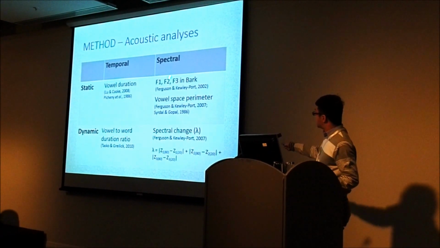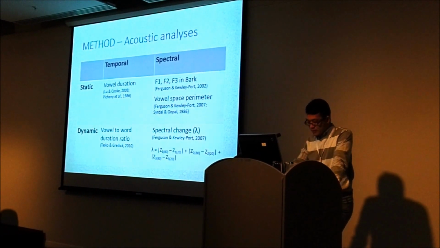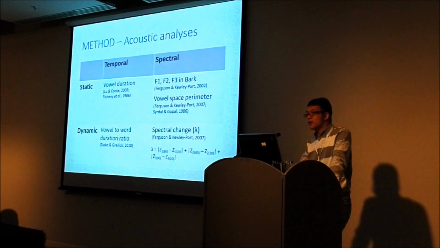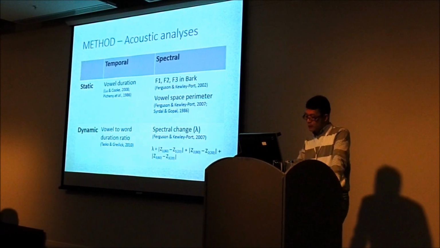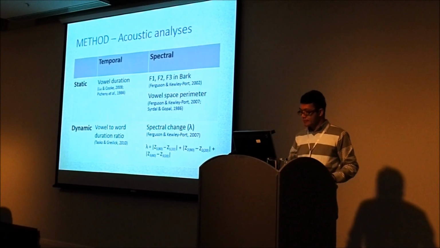And for the spectral domain, the static measurement was carried out by taking the formant frequencies at one time point, and that was the vowel midpoint. And we converted our spectral data to bark.